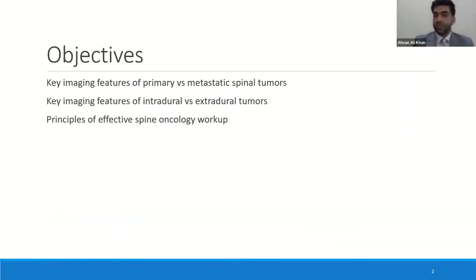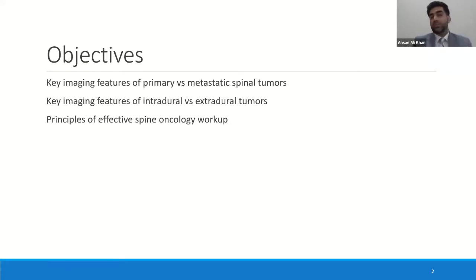So the objectives of this talk that I will try to give, so that you have this understanding. I understand that there will be participants with different levels of understanding of, for example, neuroradiology. There might be some students, some residents, some young consultants, and some seniors as well.